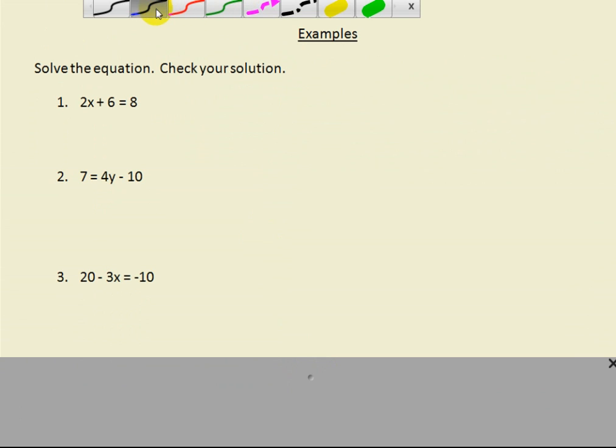So let's look at the first one where we have 2x plus 6 equals 8. Notice there's a multiplication and then an addition. So we're going to undo the addition first. So subtract 6, which we can do as long as we also subtract 6 from the other side of the equation.